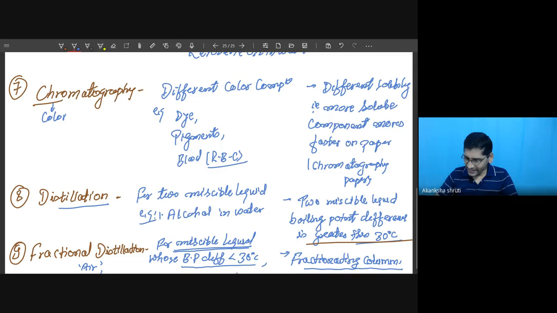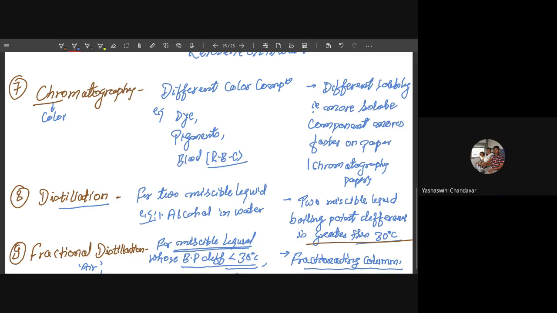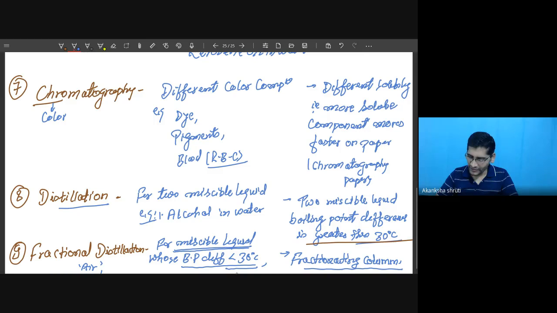It should be lesser than 30 degrees. Okay? But for this normal distillation, it should be greater than 30 degrees. So means the distillation in which the difference in their boiling points is less than 30 degrees C, there it can be used. Okay, the liquids are also miscible.